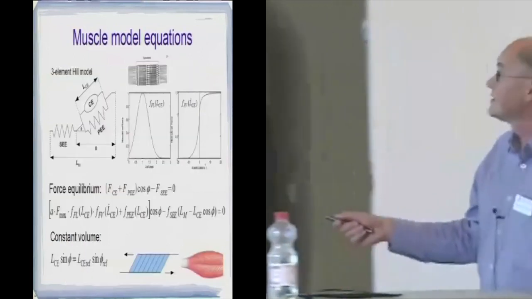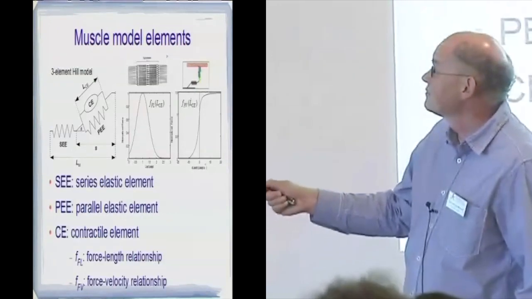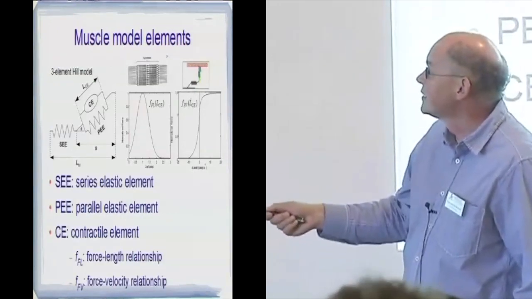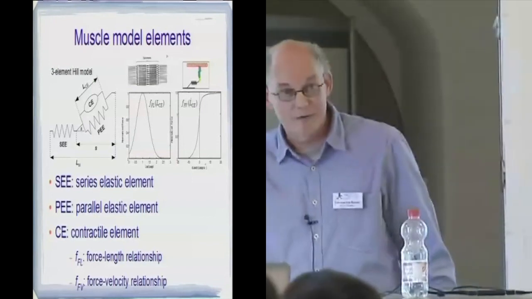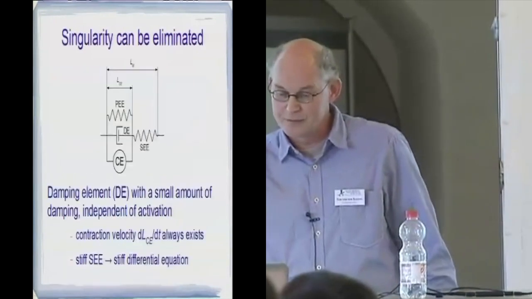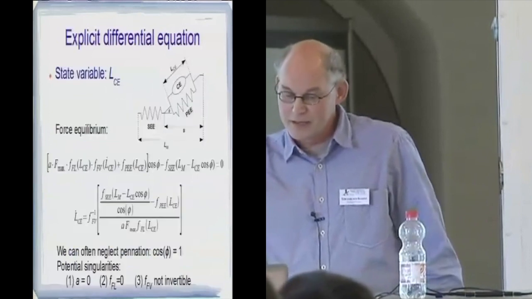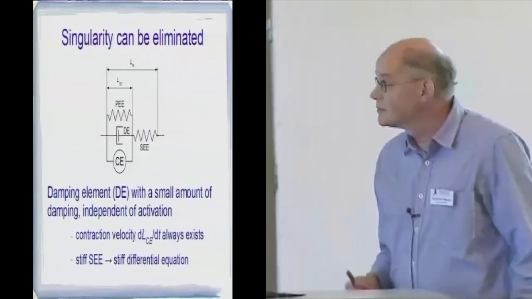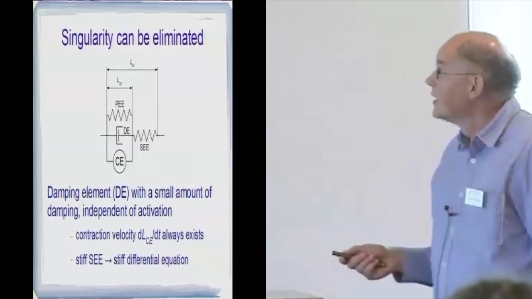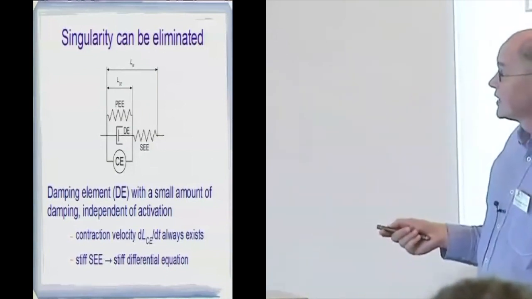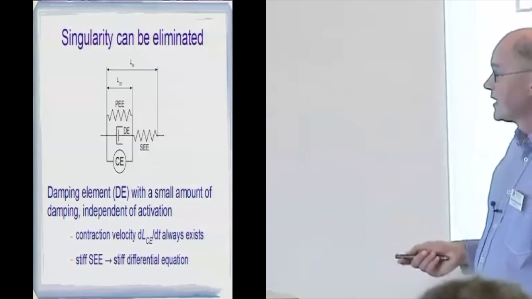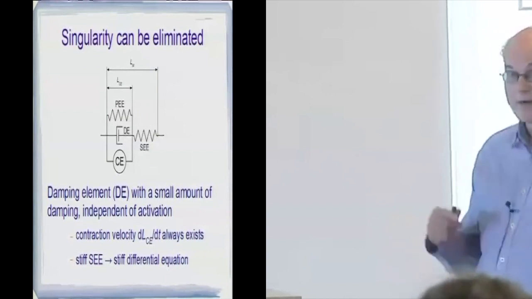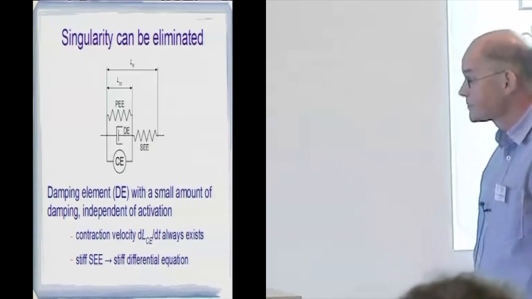You see here, when the force is above 1.5 or below 0, there is no corresponding velocity. So it's not a perfectly invertible function. And then the way in this particular model that I'm showing today, I just eliminated all those singularities by adding a small amount of damping here. So that way the contraction velocity always exists no matter what state the muscle is in.